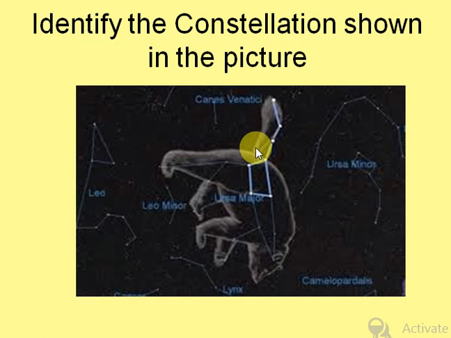So this is how the formation of different planets took place. Try to identify this constellation in front of you, which is a group of millions of stars.